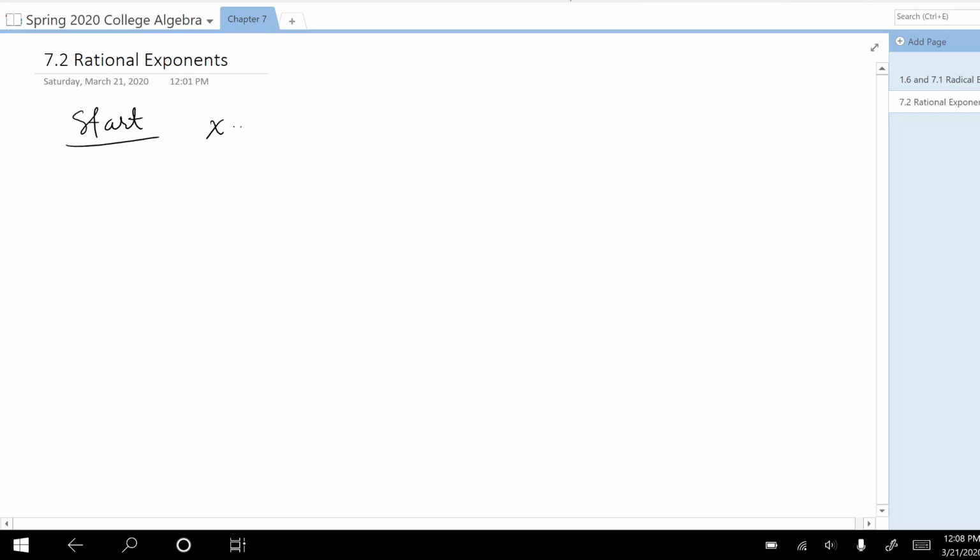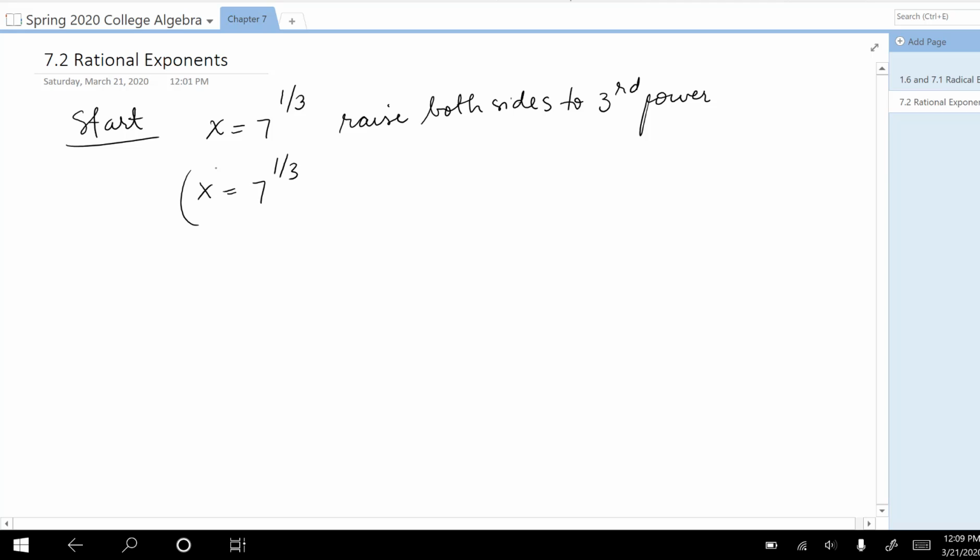So let's say we have x equals 7 to 1/3. If we raise both sides to the third power, we have x equals 7 to 1/3, and I want to raise each side to the third power.